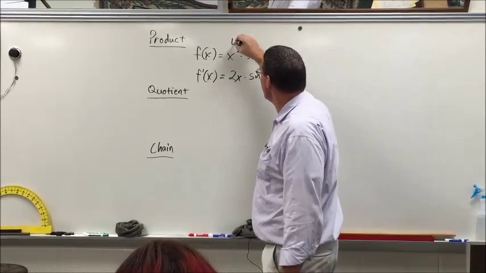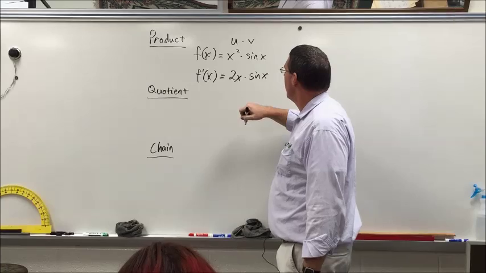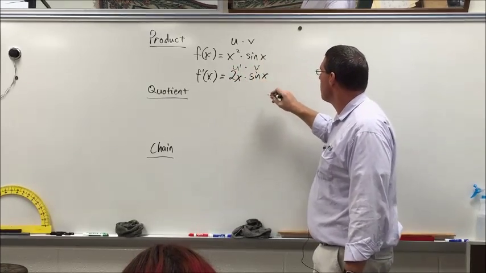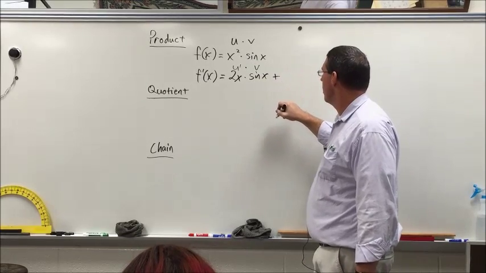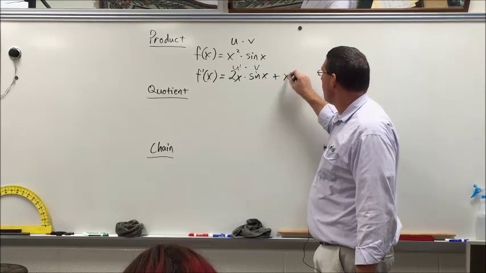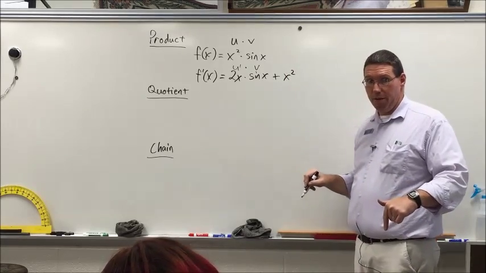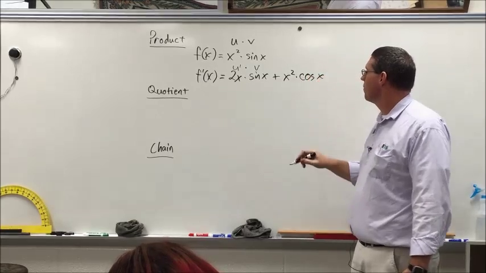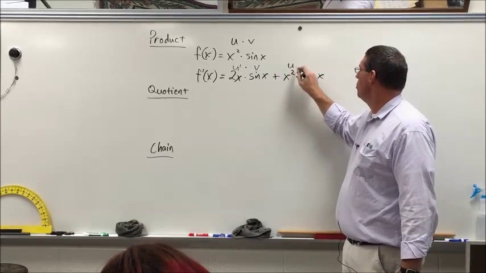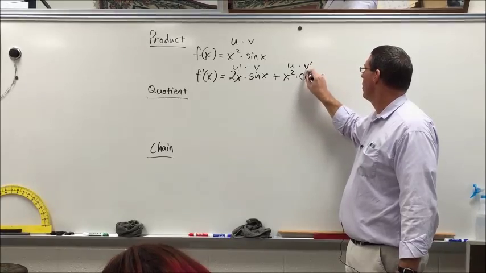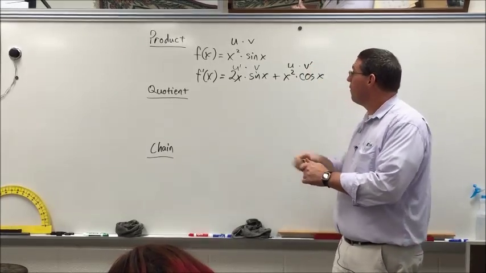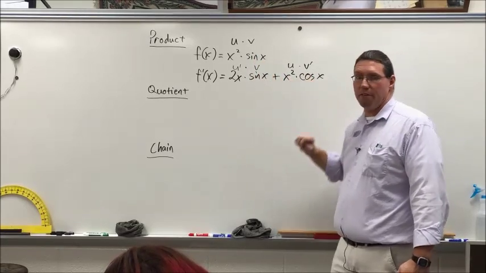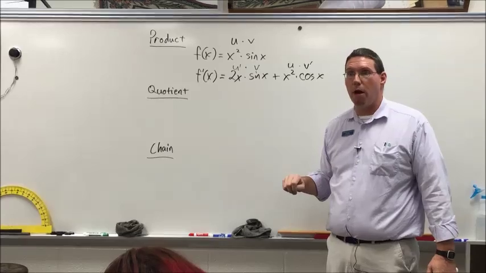So if we call this u times v, then the derivative would be u prime times v plus the first function, not its derivative, times the derivative of the second function, cosine of x. So it would be plus u times v prime. That's the whole thing? That's the whole product rule. The derivative of the first times the second plus the first times the derivative of the second. That's it. That's the product rule.